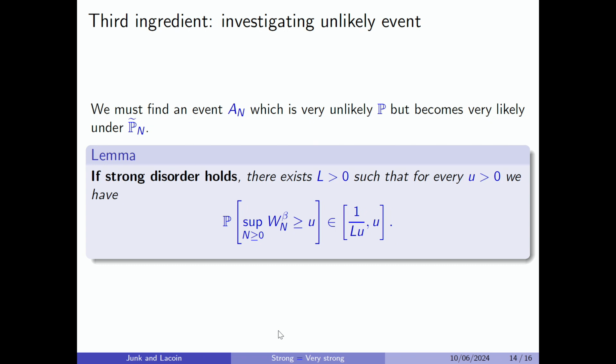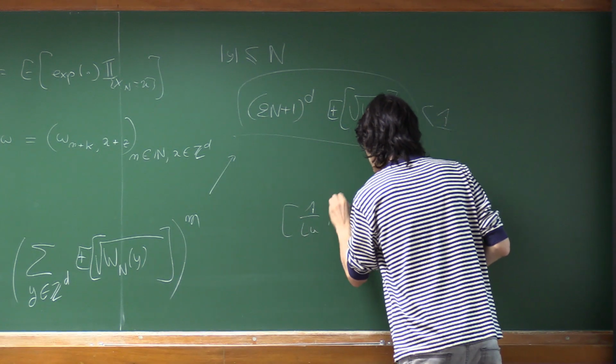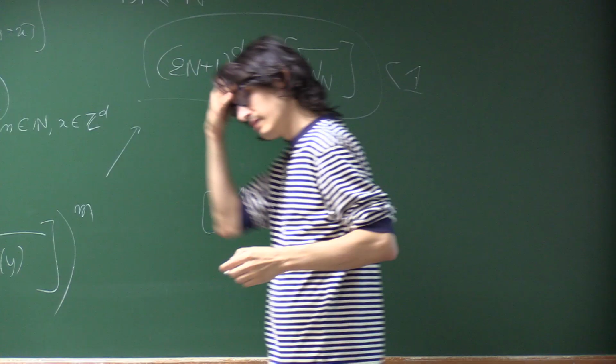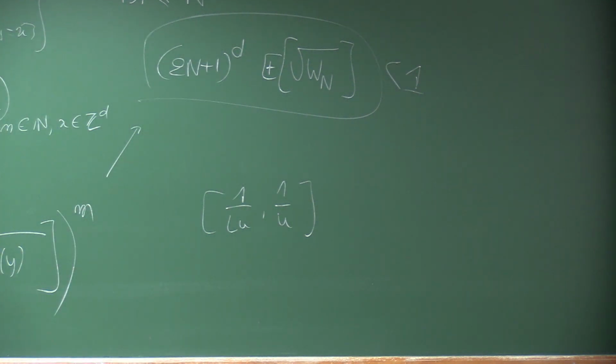If you take the tail of the supremum of Wn, it decays like 1 over u. So what I mean is that you can control this probability up to a constant. Okay, so how do you prove this?